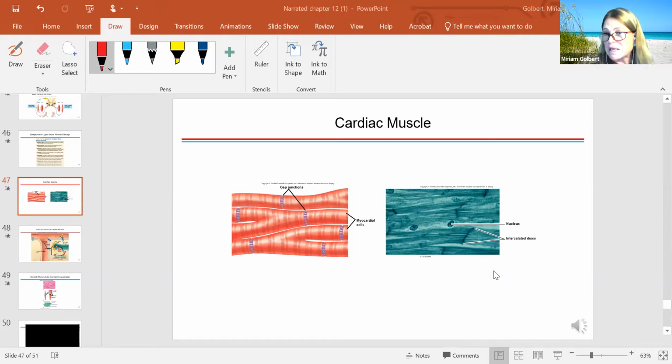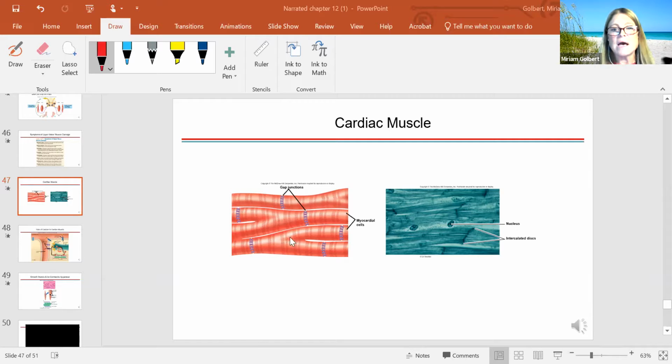They're still striated, but they don't have peripheral nuclei. They only have one nucleus, in the center of the cell. And they also have gap junctions that are called intercalated discs. So cardiac muscle is involuntary and highly branched.